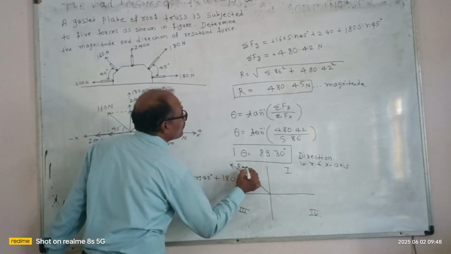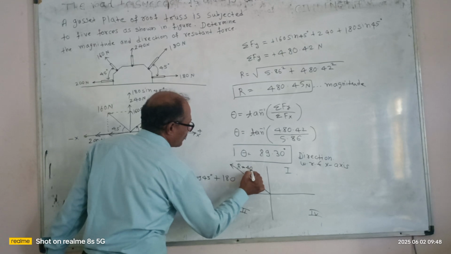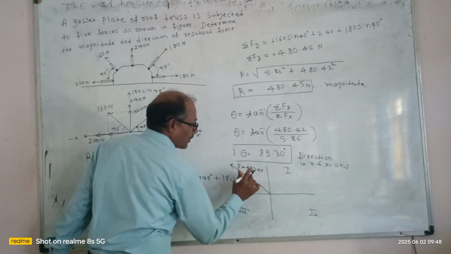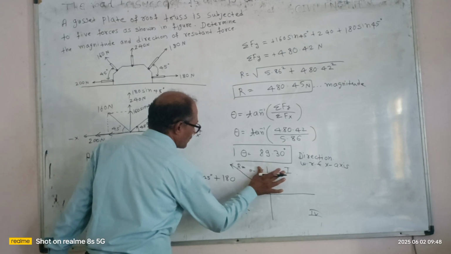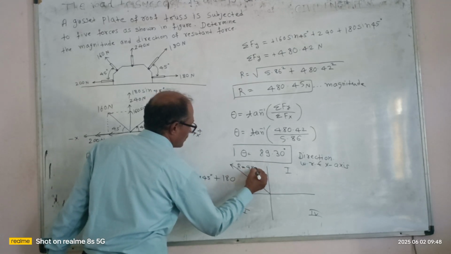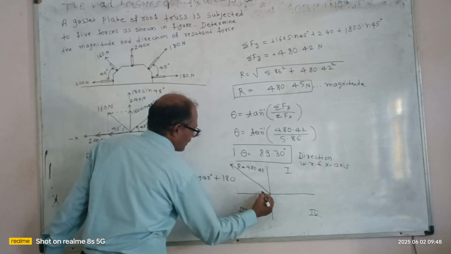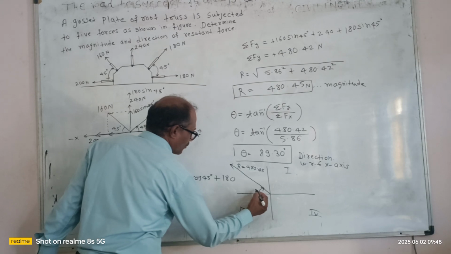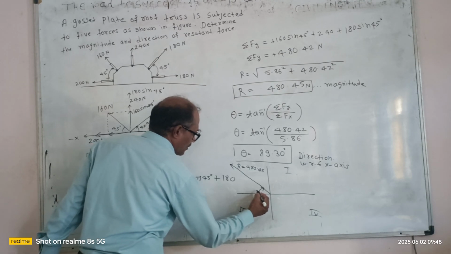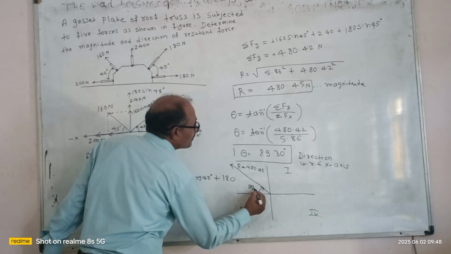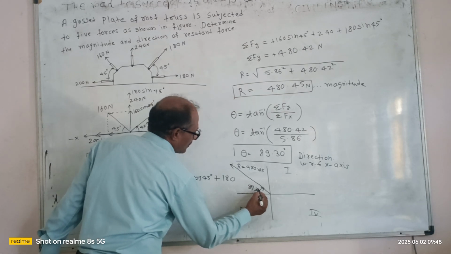So R is equal to 480.45, and this direction with respect to the x-axis is 89.30 degrees.